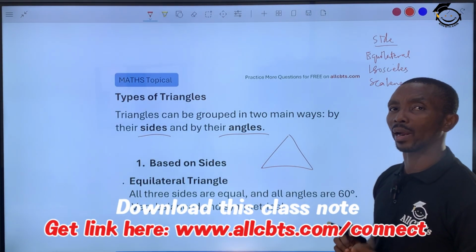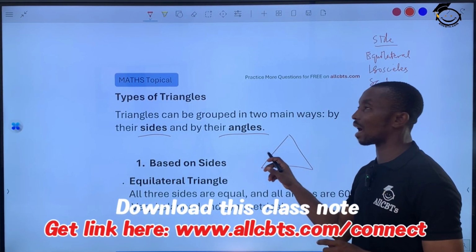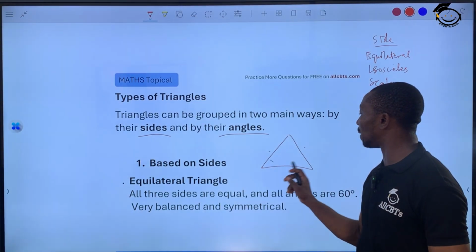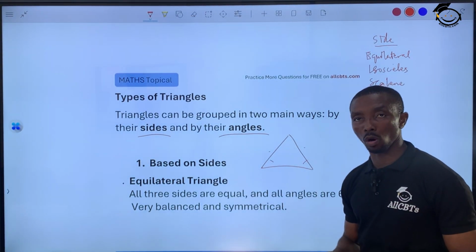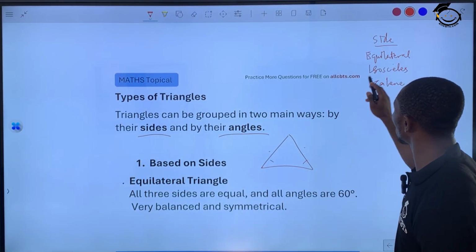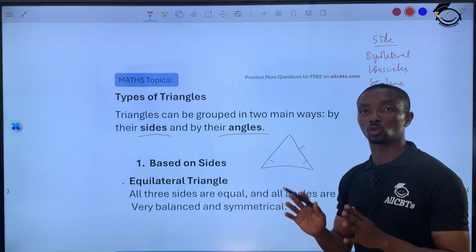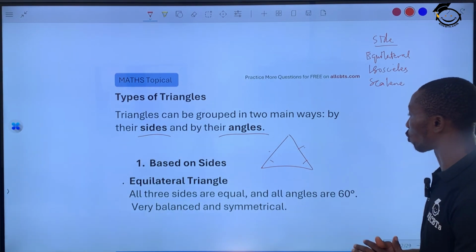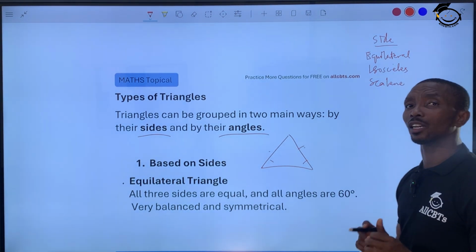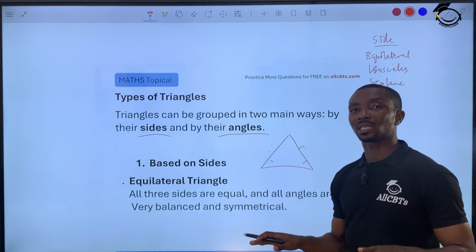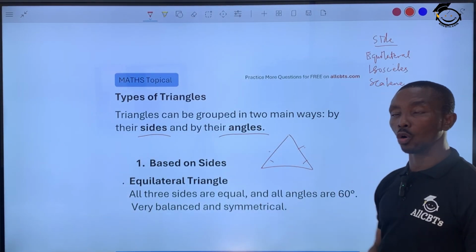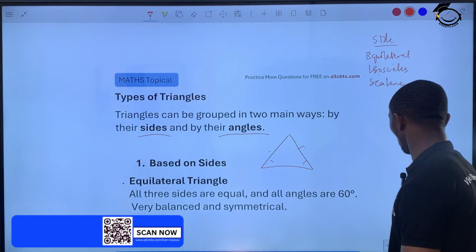Sorry, for the isosceles triangle, 2 sides are equal and the 2 base angles are equal. Now, for the scalene triangle, no side is equal and no angle is equal.